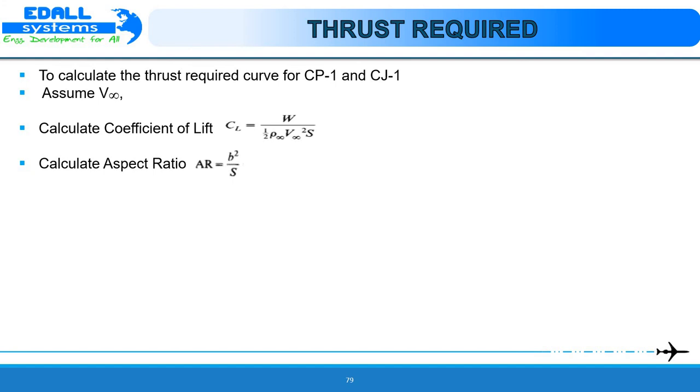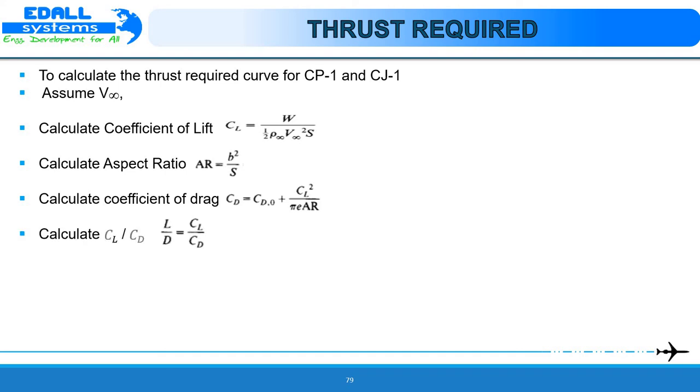After calculating the coefficient of lift, we have to calculate the aspect ratio, that is equal to wingspan square by the wing area. After that, we calculate the coefficient of drag, which is equal to C_D naught plus C_L square by pi e AR, where e is the Oswald efficiency, aspect ratio and C_L square are also calculated, and C_D naught is the parasitic drag, which is already given in the characteristics.